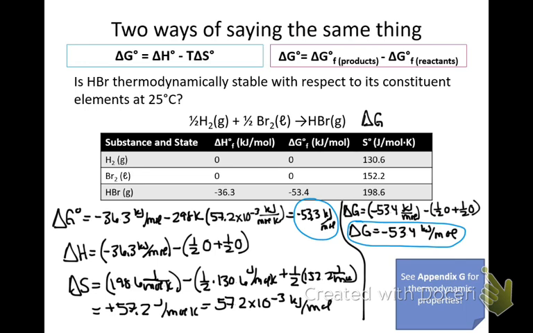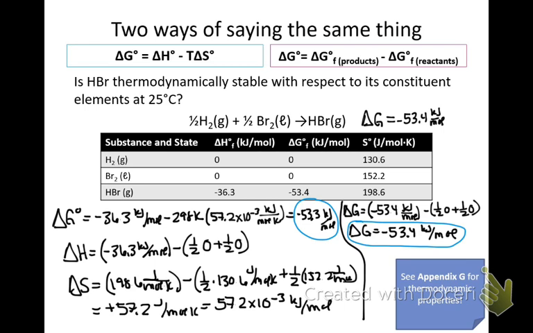And which of those is easier and which of them is better kind of depends on what kind of information you have. So here we see that using the delta G of formation is a lot easier because we have a formation reaction. That's not always true. Okay, so then to answer the question, if delta G is negative 53.3 kilojoules per mole, then is HBr thermodynamically stable with respect to its elements?